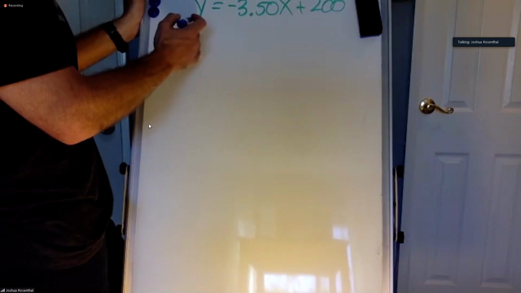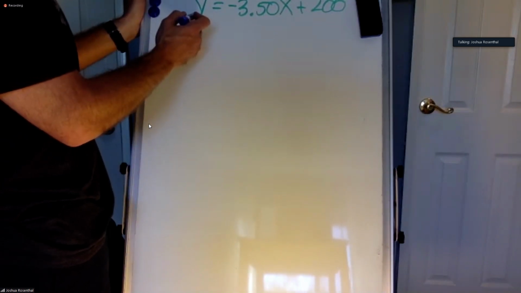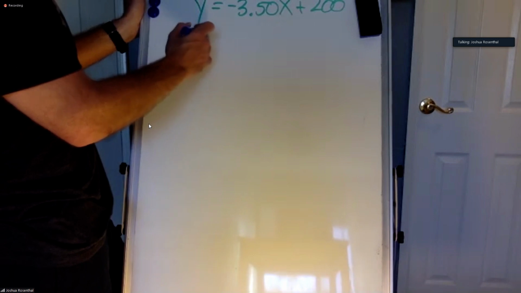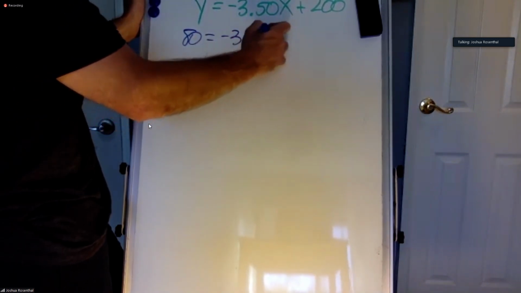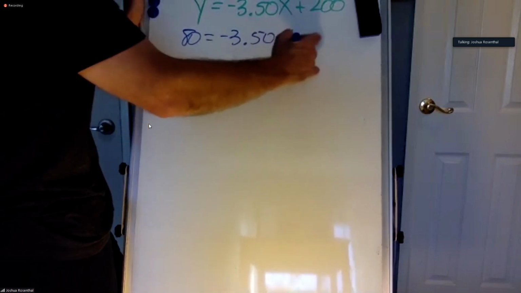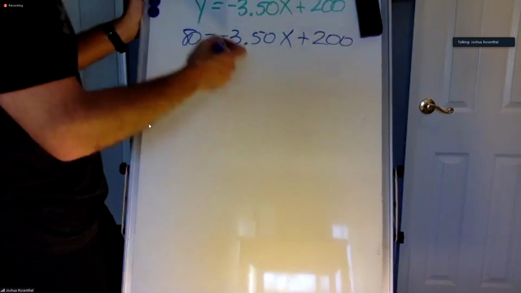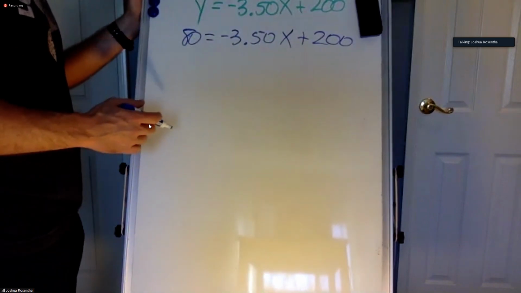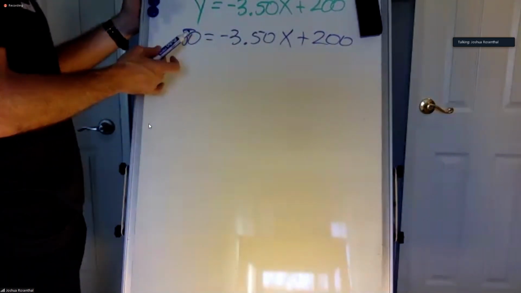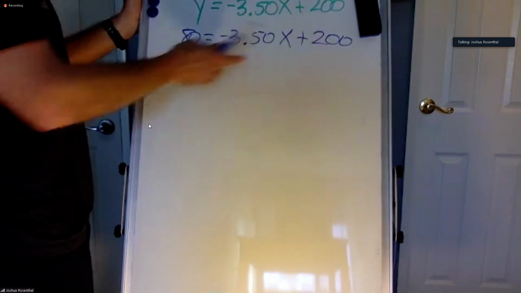Y represents the balance, so $80 is left. Then you just have to find out what x is to make it so that you have taken $120 away, right? How do you get $80 left when you start with 200?